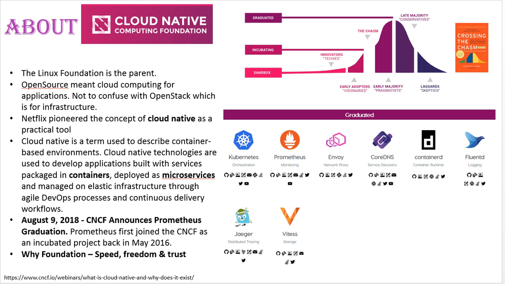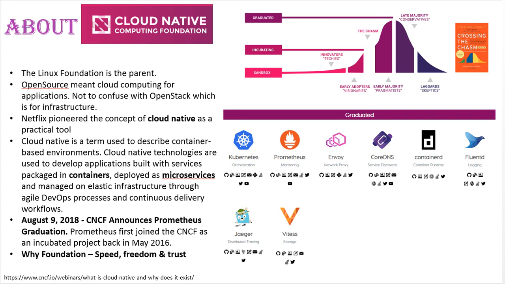Actually, the term cloud native was pioneered by Netflix, as they were giving CD movies on a rental basis, door to door. Then they thought, why should we do this door to door? Instead, we can put it in the cloud and give it on a rental basis.